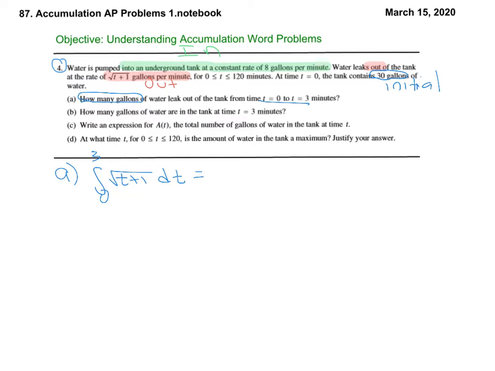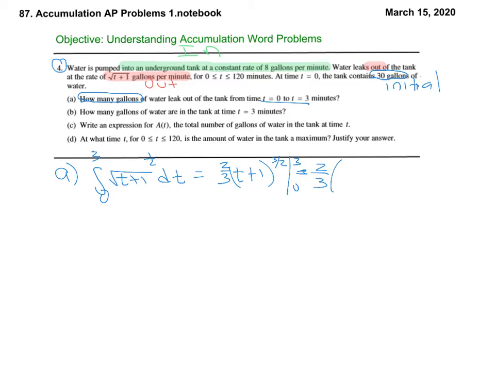So this is a no calculator, so we need to be able to do this. T plus 1 to the 1/2, that's 2/3 times t plus 1 to the 3/2, from 0 to 3. Plug in 3. So this is the square root of 4 to the 3rd.